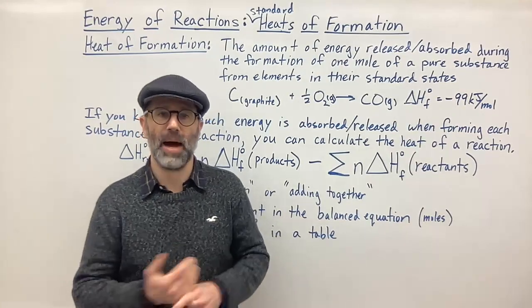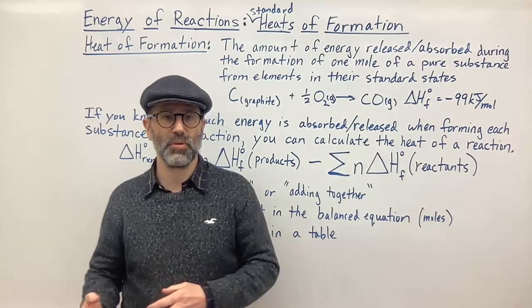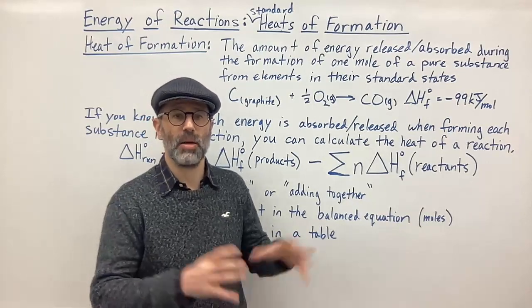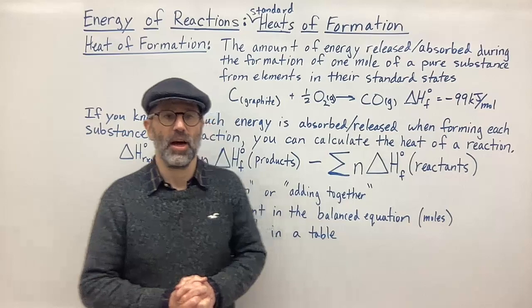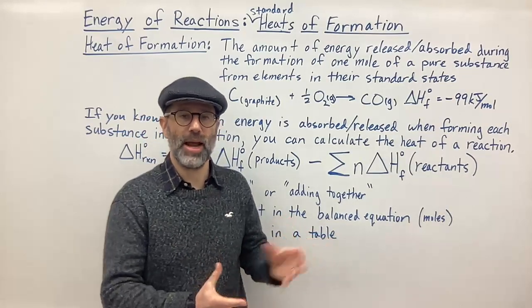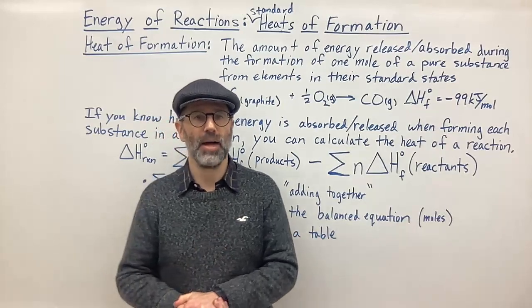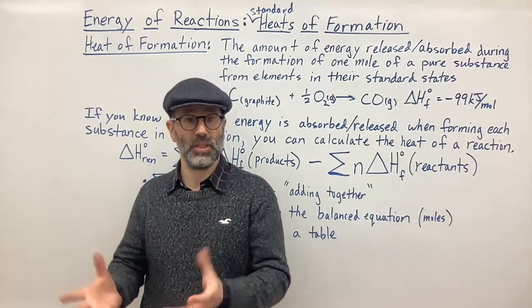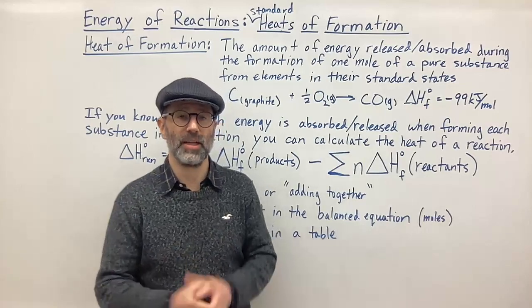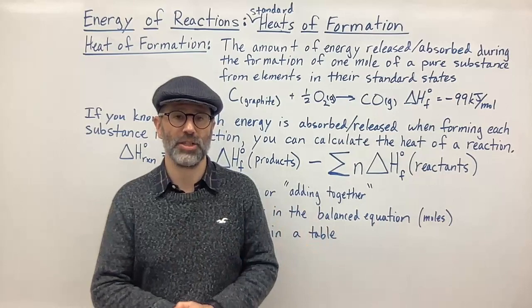If you know the bond energies of the different bonds in your reactants and products, then you can sum up the amount of energy it takes to break the bonds in your reactants and the amount of energy that's released when you form bonds in your products, and then you find the difference between the two. That would be the heat of your reaction.